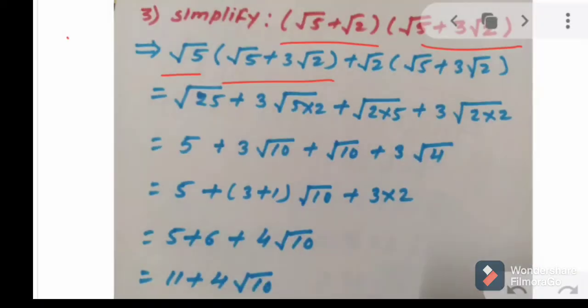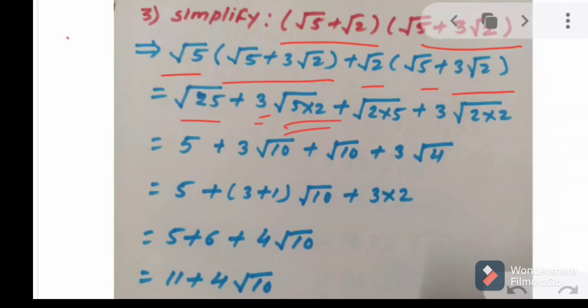Okay. Now the third example, that is, simplify 5 root 5 plus root 2 into another bracket, root 5 plus 3 root 2. Here friends, two brackets are given.